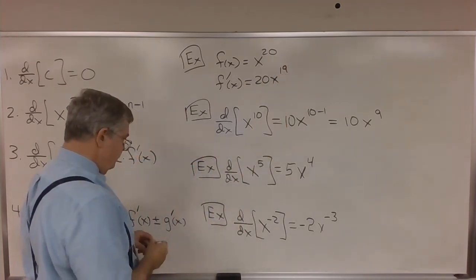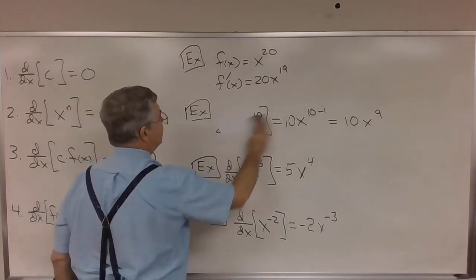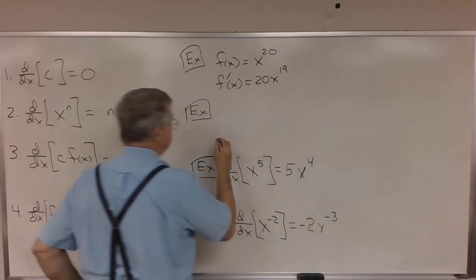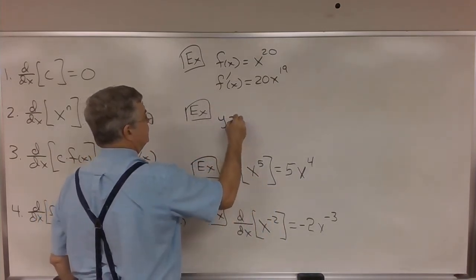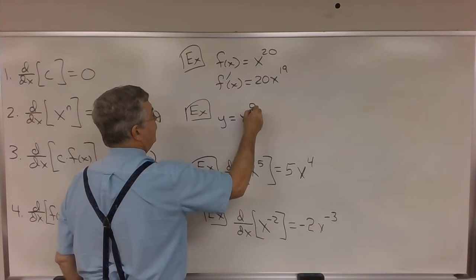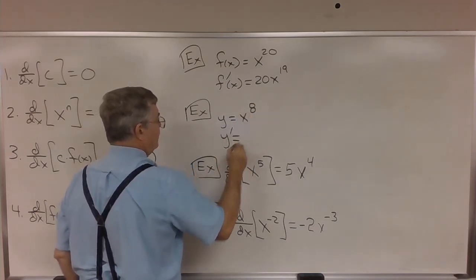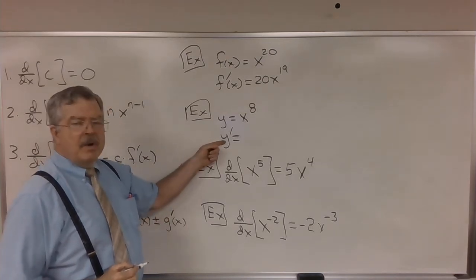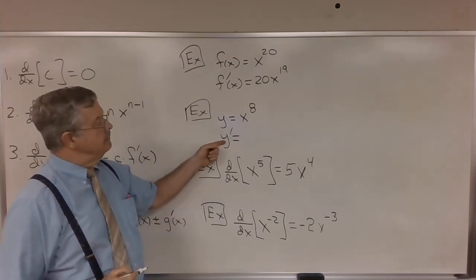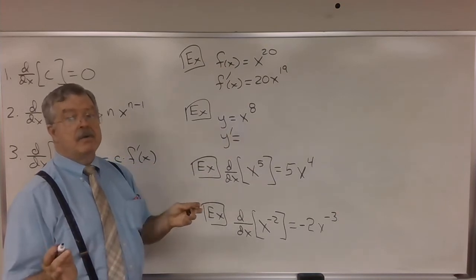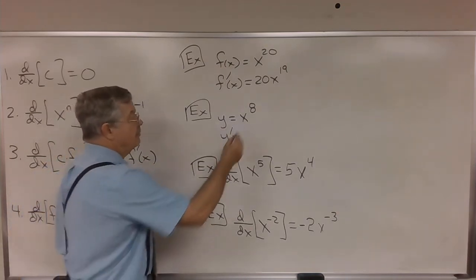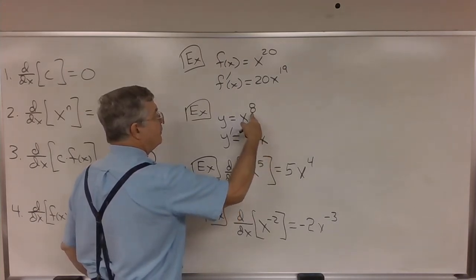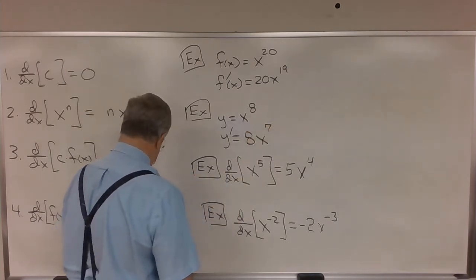Wow, that was easy. y equals x to the 8th. So what would the derivative of y be? It's a power rule problem, right? So bring the exponent down front as a multiplier, and then subtract 1 from the exponent.